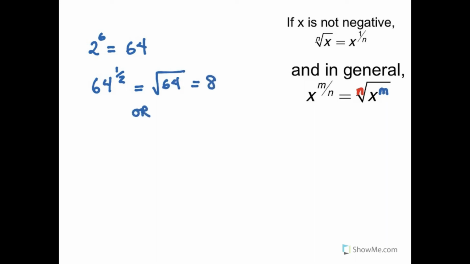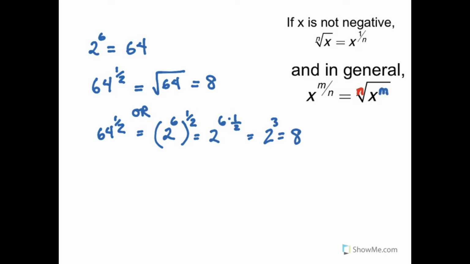Or I can write 64 to the 1/2 power as 2 to the 6 to the 1/2 power, which is 2 to the 3rd, and that's 8. So that gives us the same result with numbers, whether we write it as a root or as an exponent.